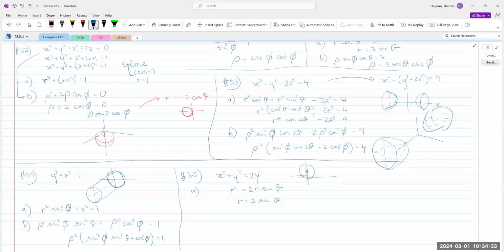But in cylindrical, it is actually a cylinder like this, but you extend it in the z direction. So in 3 dimensions it looks like this.